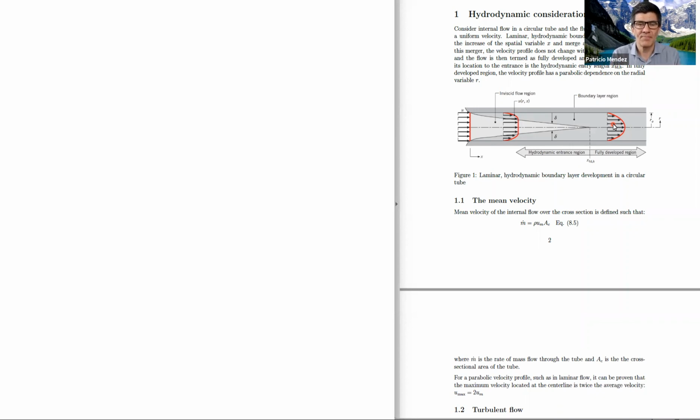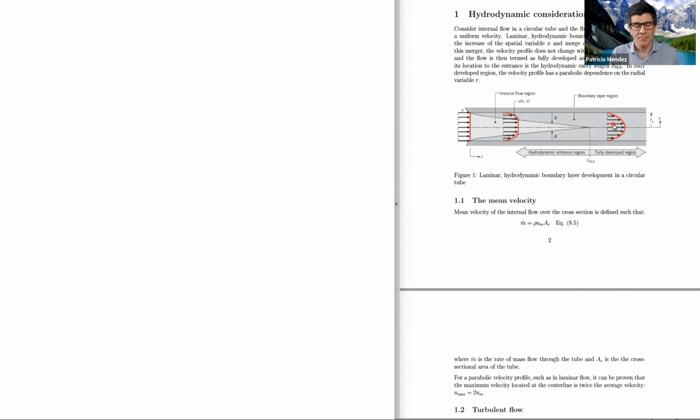Because we have two different types of boundary layers, the viscous boundary layer and the thermal boundary layer, we're going to have two entry regions: a hydrodynamic entry region and a thermal entry region.